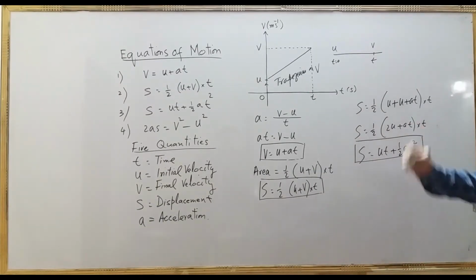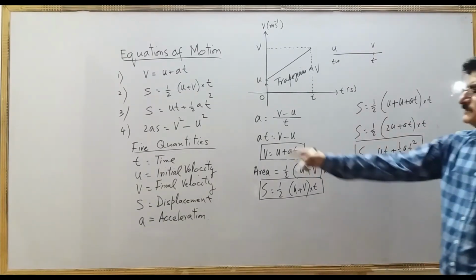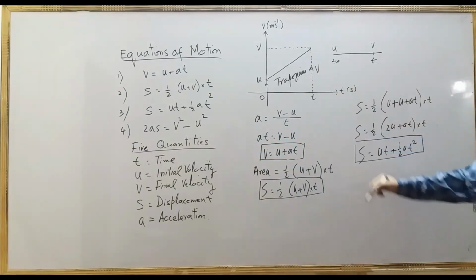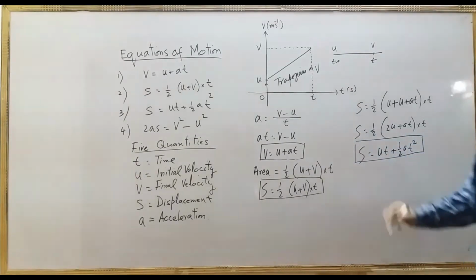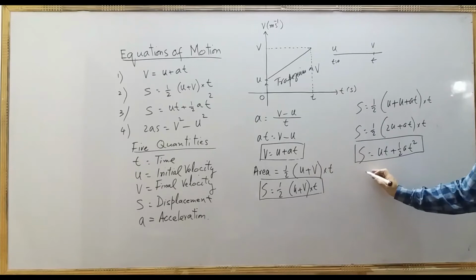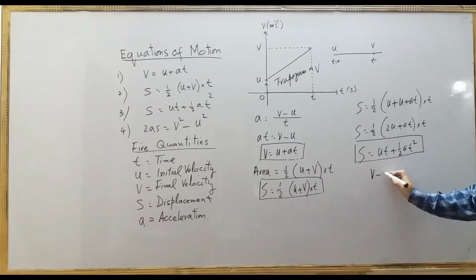Now the last equation involves no time. So we leave out time from this equation and this equation. So eliminating t, from the first equation you have v minus u over a is equal to t.